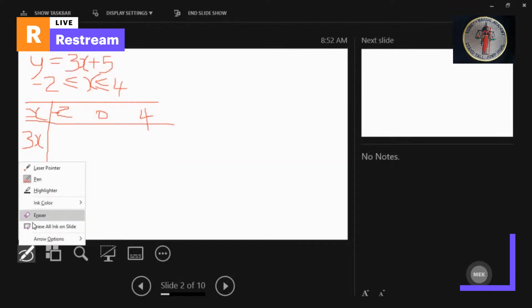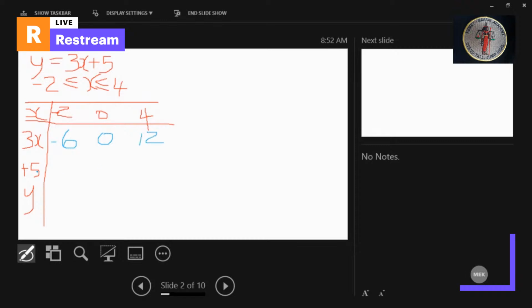So we're going to multiply each of the x values by 3 because it said 3 times x. So 3 times -2, that's -6. 3 times 0 is 0, and 3 times 4, that's +12. And we're going to add 5 to each of those. So we can put +5.